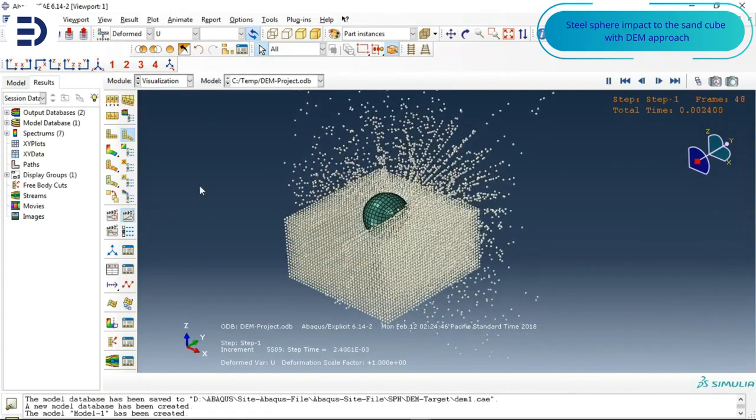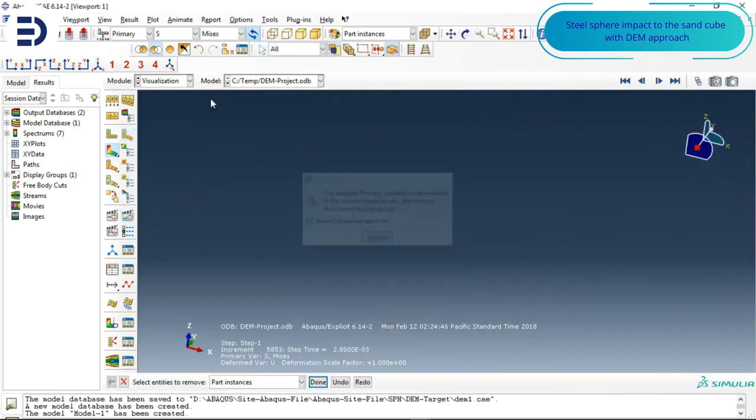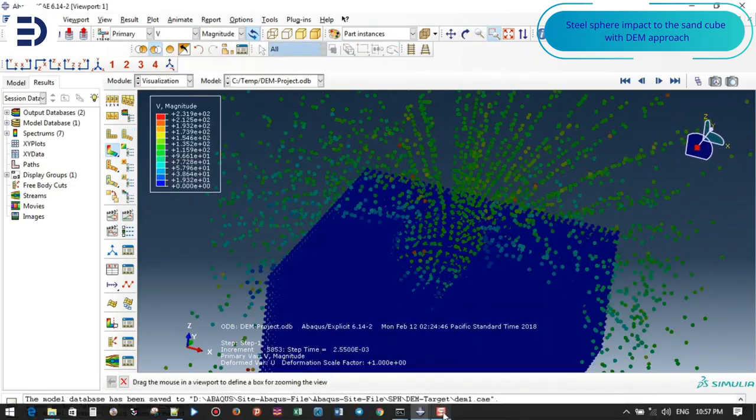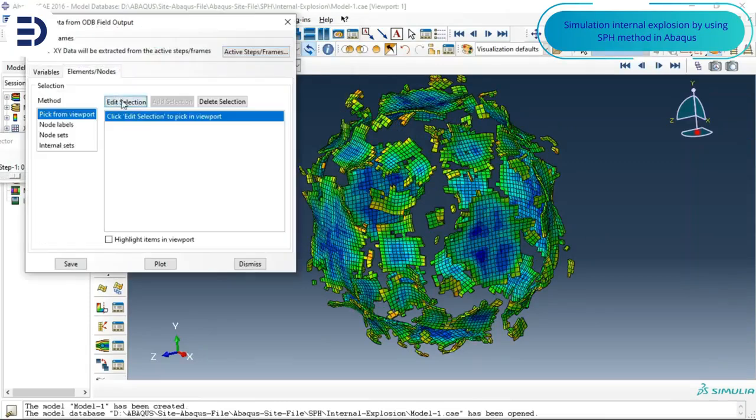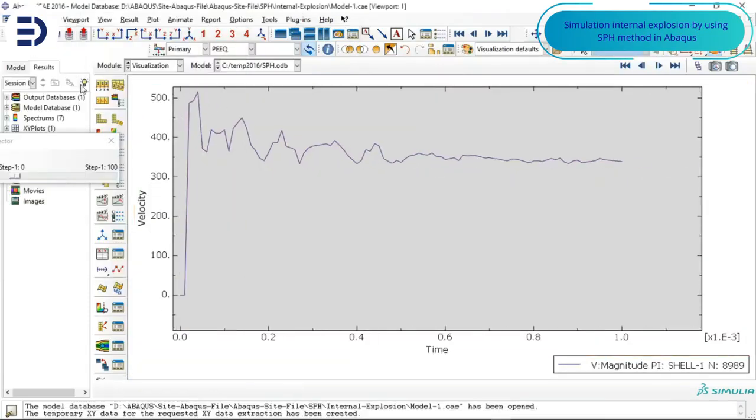By capturing material nonlinearity, cracking behavior, and complex geometries, engineers can predict performance, optimize design, and ensure safety and reliability.